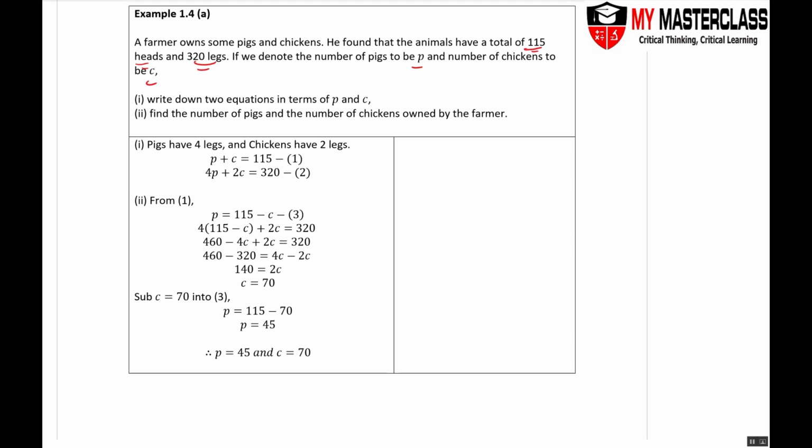Then you substitute it into equation 2 and solve for one of your unknowns, which is C. After you solve for C, substitute it back into equation 3, solve for P, and you'll get these two values. It's the exact same method, just that now it's a bit harder, where you have to form your own equations first instead of the equations being given to you.